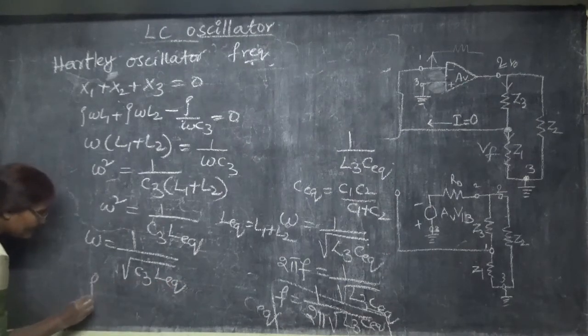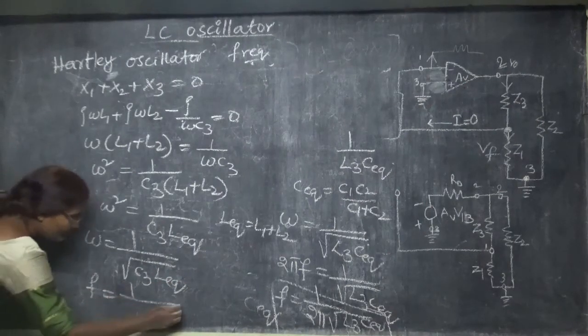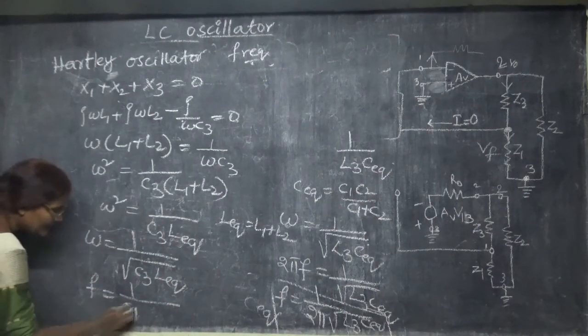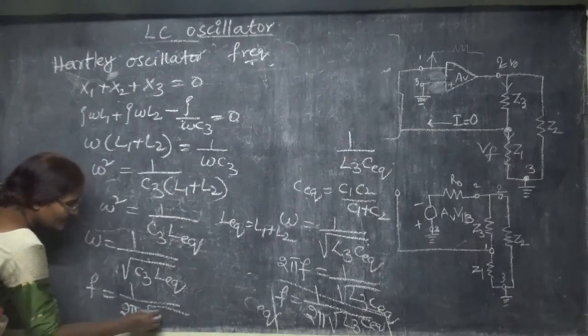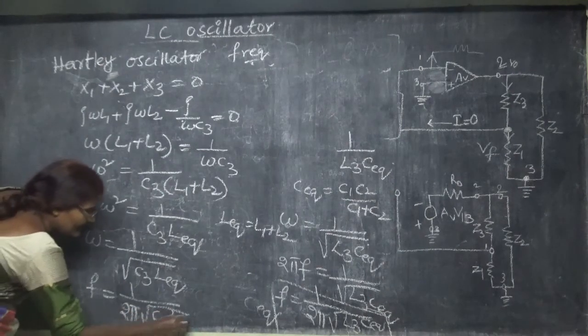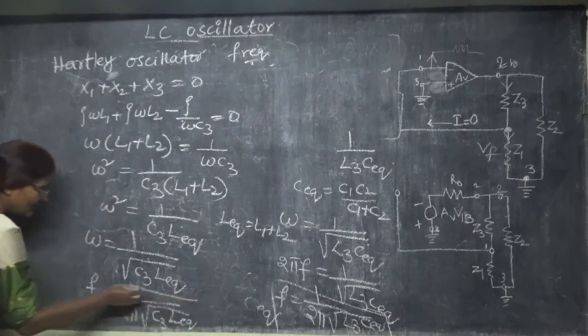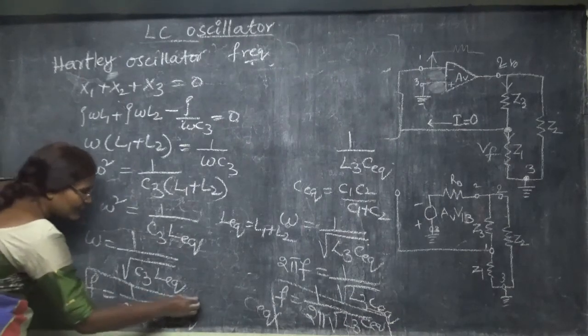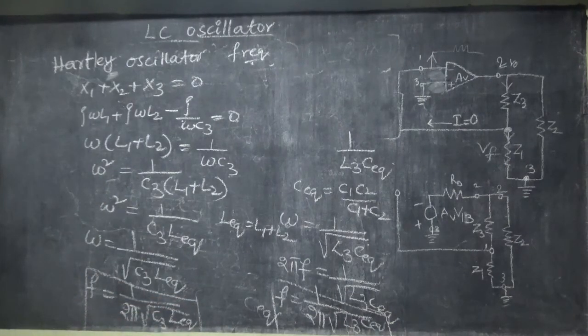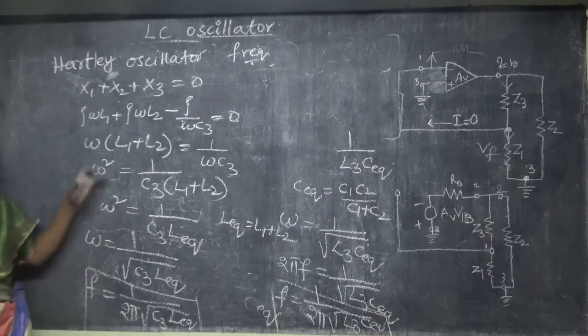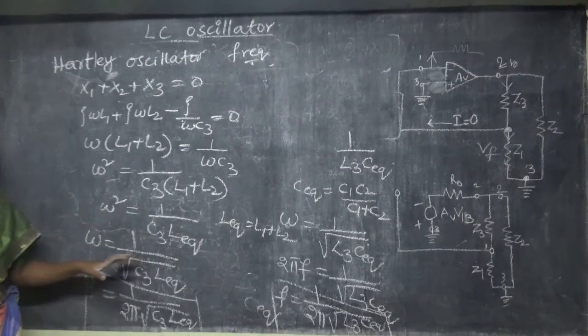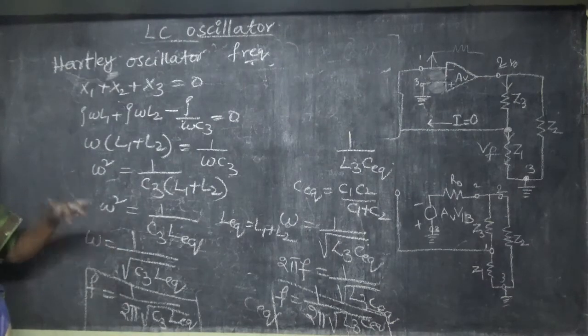What is my f? f is going to be 1 by 2 pi root of C3 into L equivalent, which is the formula for the frequency of a Hartley oscillator. So this is the general derivation for the LC oscillator, and this is the equation.